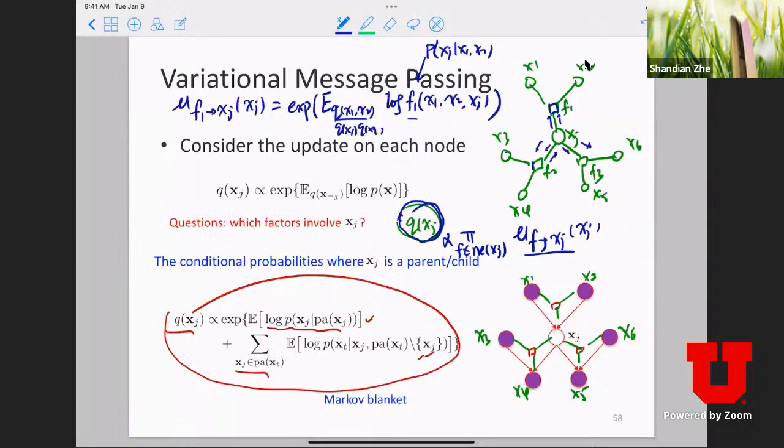And if you do this together, you find that this is essentially our mean field variational updating rule. So you can see that based on the Bayesian network structure and our variational mean field updating rule, we can define a new message passing protocol. That is the so-called variational message passing.